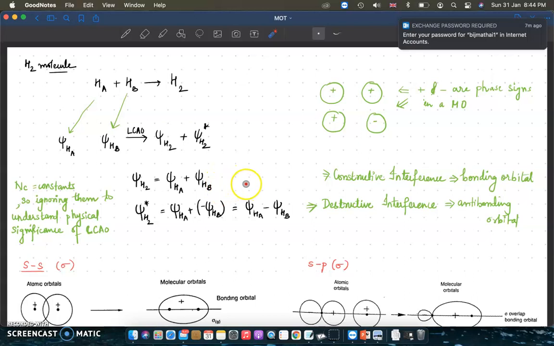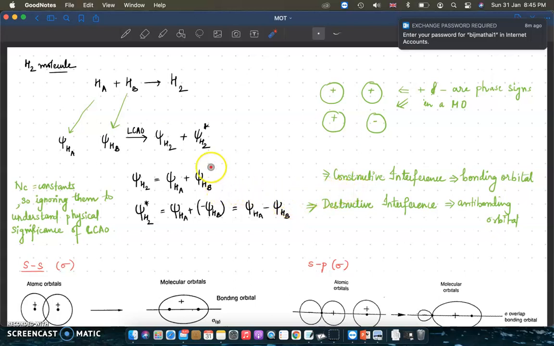If you remember, the 2AB term was the overlap integral. The overlap integral actually gives you the extent of bonding. When it is a positive overlap, it leads to bonding. When it is a negative overlap, it leads to anti-bonding. That means there is no bonding happening in that case.